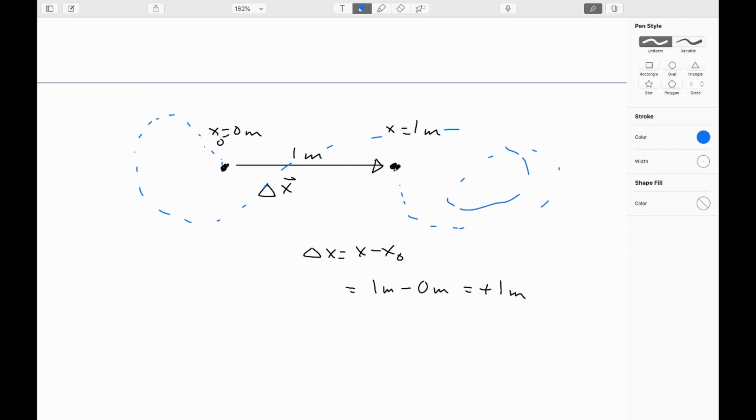So the actual distance traveled, if the puck had an odometer, would be much bigger than a meter. So displacement only tells you how to get from where I started to where I finished in a straight line. It does not care about the actual path. Okay, with that, in the next video, we will use that to start to develop a definition of velocity. So catch you in the next one.